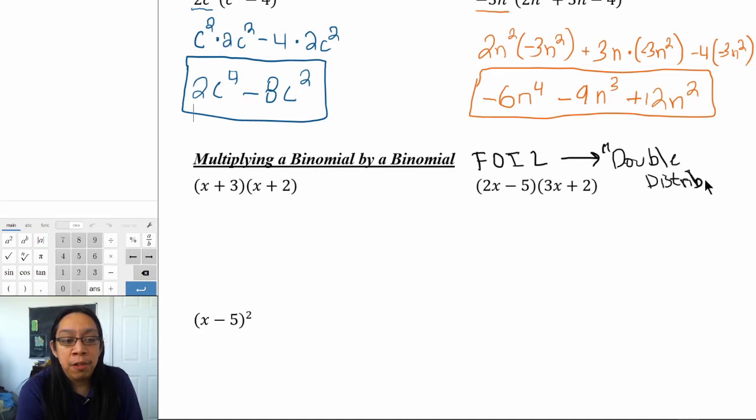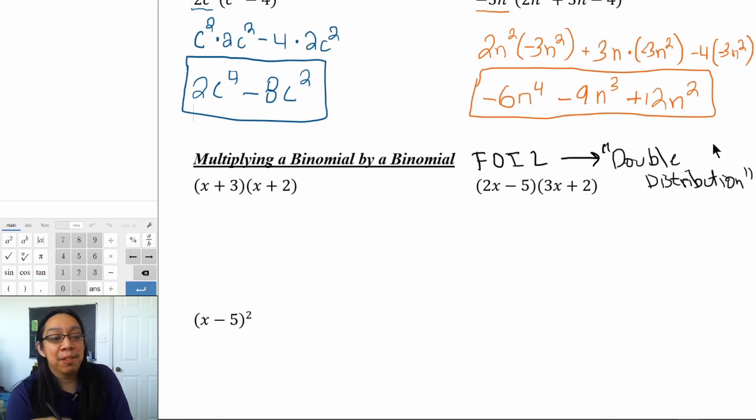And no matter where you fall on the line of FOIL or double distribution, in reality, they're both really the exact same thing. Generally speaking, the reason why they call it double distribution is because we're simply applying the distributive property 2 times. That's about it, which really FOIL is there to help us know that we're doing that.